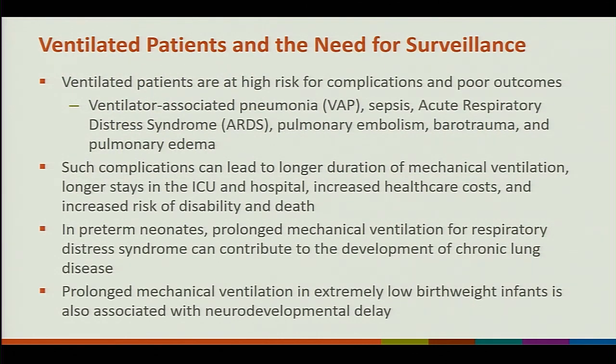So ventilated patients, as we know, are at high risk for complications, poor outcomes. They can get ventilator-associated pneumonia, sepsis, acute respiratory distress syndrome, pulmonary embolism, barotrauma, and pulmonary edema. And these complications can lead to longer duration on mechanical ventilation, increase their hospital or ICU stay, and also increase their risk for morbidity and mortality.